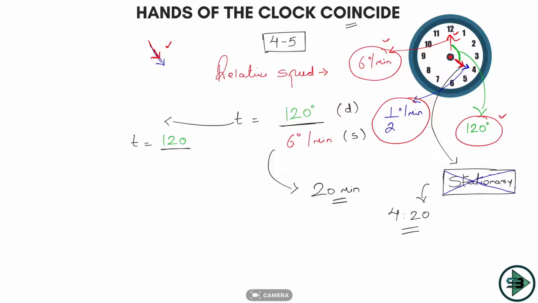So eventually, how much did the minute hand travel? It traveled only 5.5 degrees per minute. Because if it traveled 6 degrees in 1 minute, the hour hand also moved ahead by half a degree.